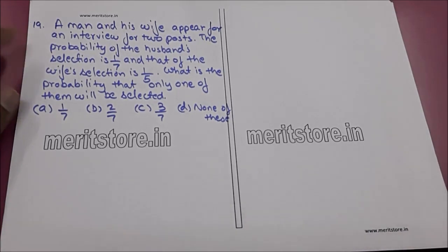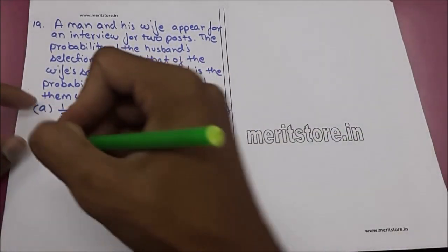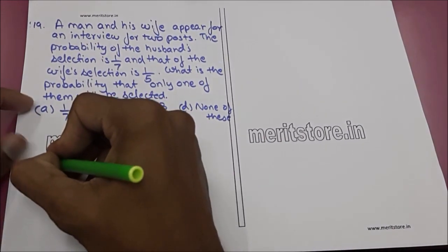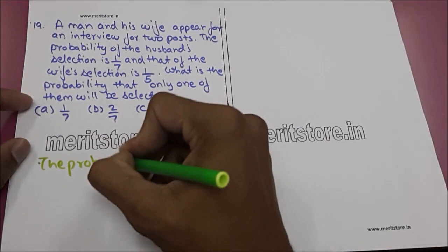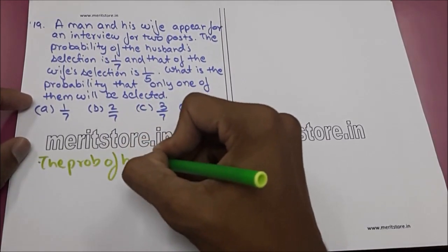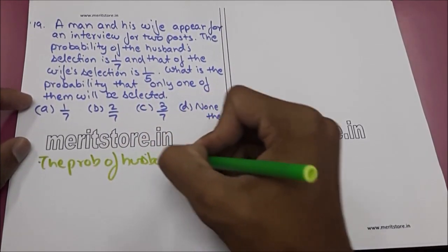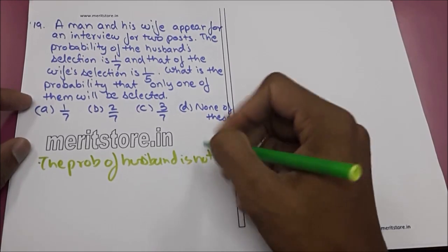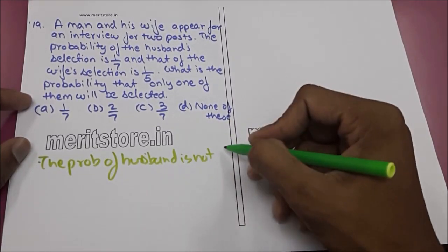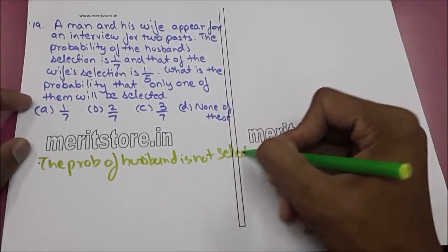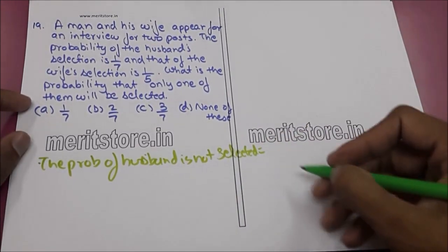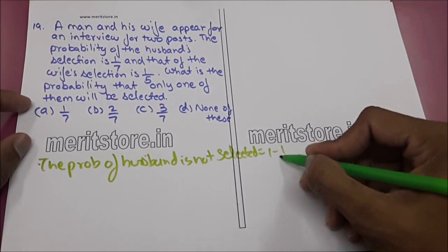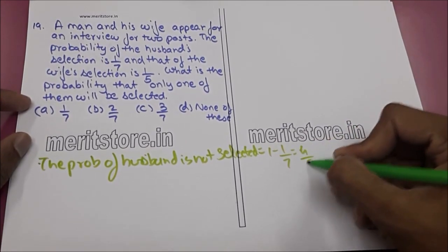The probability that the husband is not selected is given as 1 minus 1 by 7, which is equal to 6 by 7.